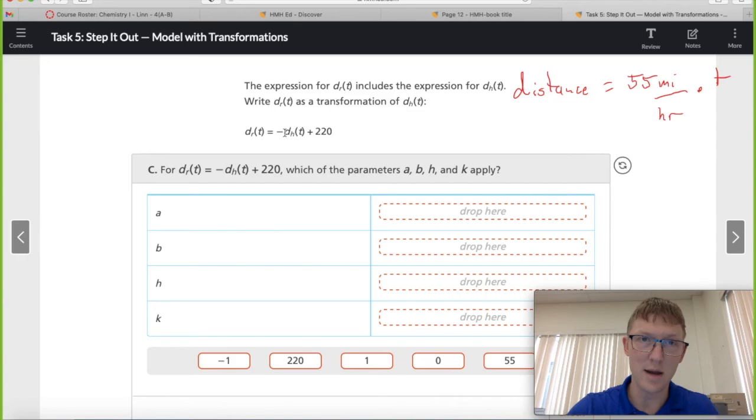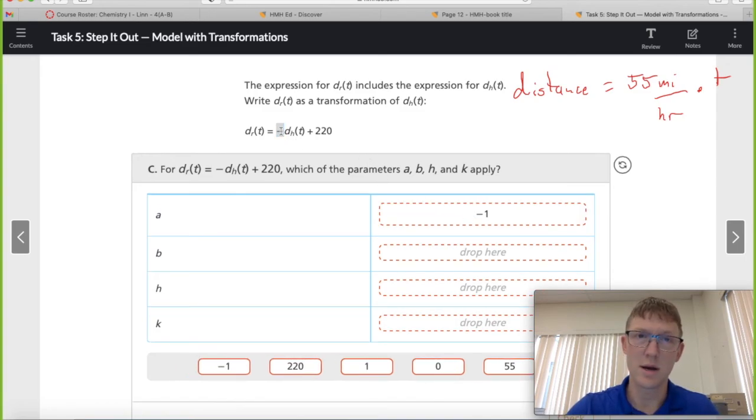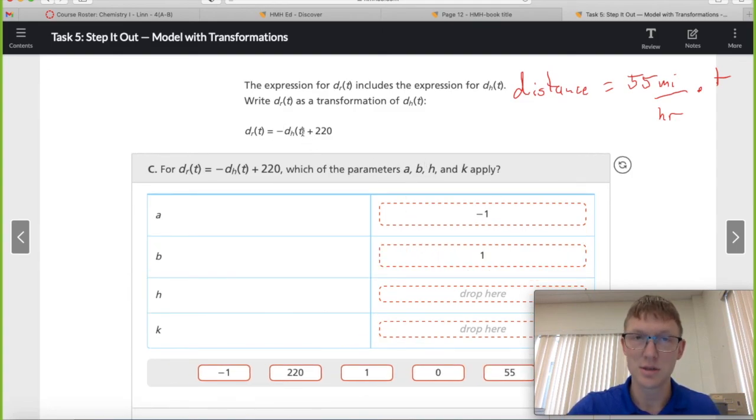So here we've got a negative 1 right there. So our a is going to be negative 1. There's no numbers on the inside. Because there's still a t there, b would be an implied 1, since it's multiplied on the inside. h is normally a minus h, but that's not there at all either.